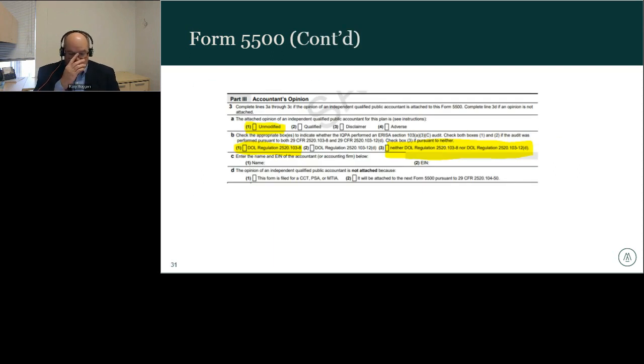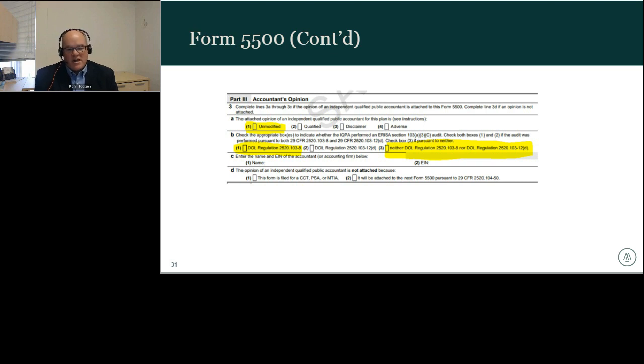As for the 5500, the Schedule H Part 3 is where the auditor's opinion is reported in the 5500, and this was actually changed last year. We got a little bit of a sneak preview of SAS 136 last year, and that wasn't intentional from the DOL. Like Catrina mentioned at the start of the session, the intent was that this standard was going to be implemented in 2020.